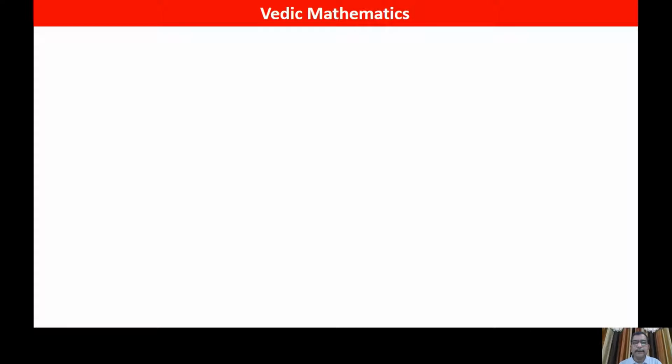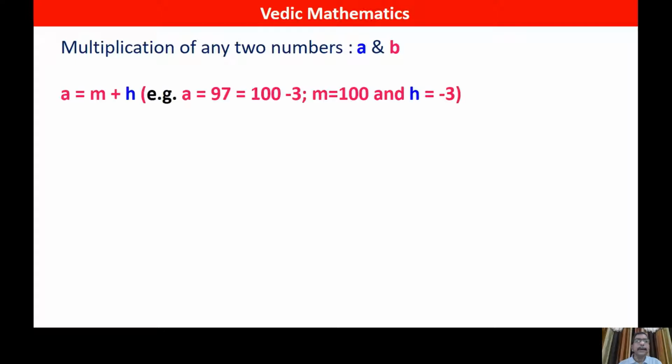So in Vedic mathematics, we are going to see the multiplication of any two numbers A and B. For example, any number can be written like A equal to M plus H. For example, if A is equal to 97, we can write it as 100 minus 3, where M becomes 100 and H becomes minus 3.